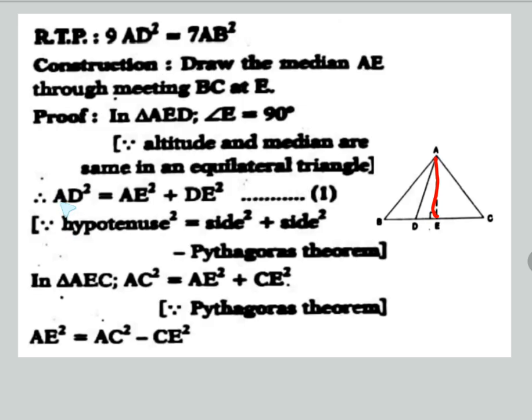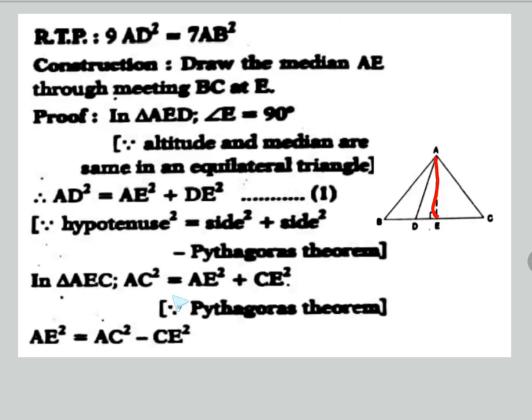Then AD square is equal to, we can write AE square plus DE square. Because it's a right angle triangle, hypotenuse square is equal to side square plus height square. Then AC square is equal to AE square plus CE square.